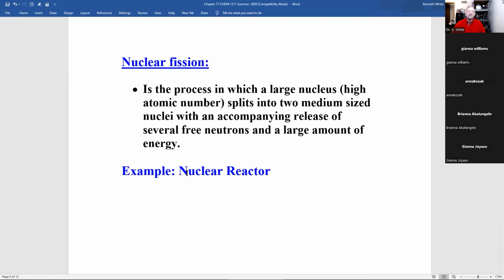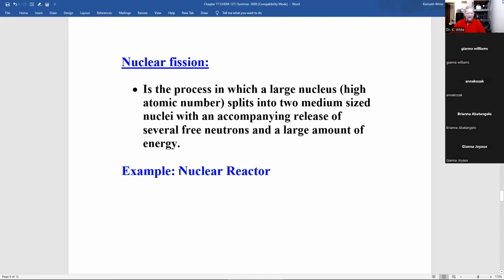Heat is used to change water from a liquid to a gas, steam, that drives turbines that make electricity. So nuclear fission, large split into small. You should know, example, nuclear reactor.